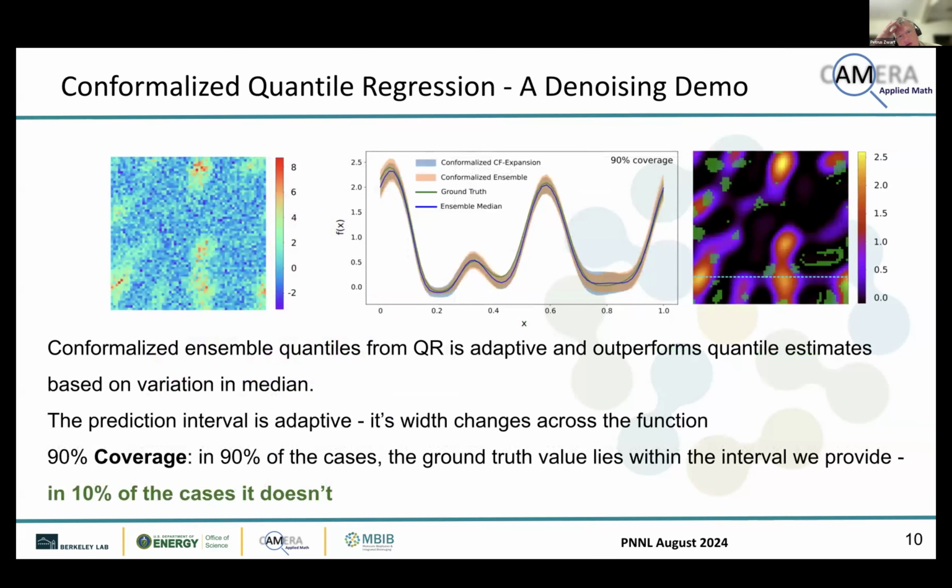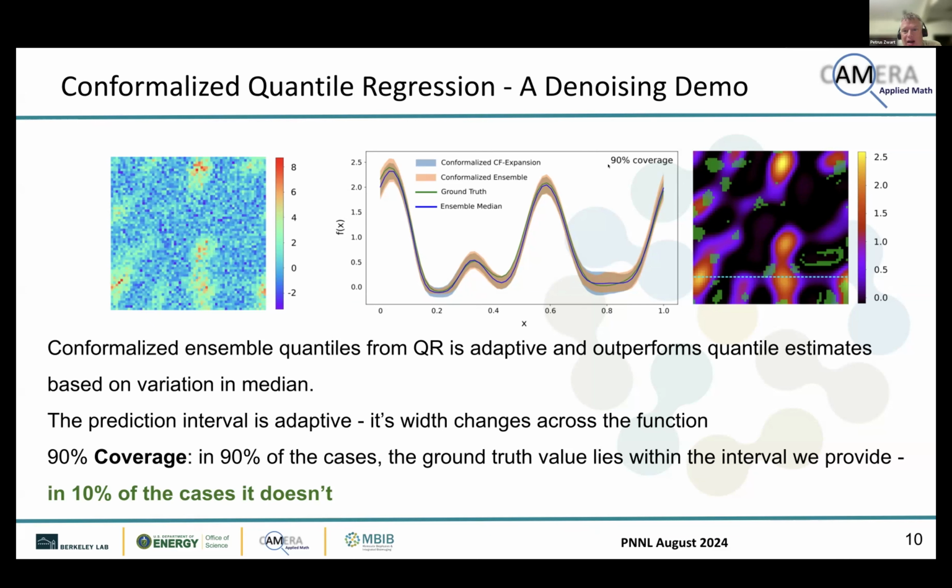The uncertainty, so the quantiles you see right here. Here you see the same image. I uncapped the dynamic range of the image so that you can see the full range. And what you see is that the uncertainty estimates that we get on the predictions look really decent. We asked for a 90% coverage.